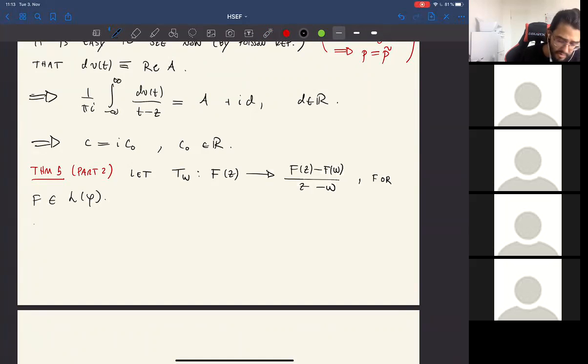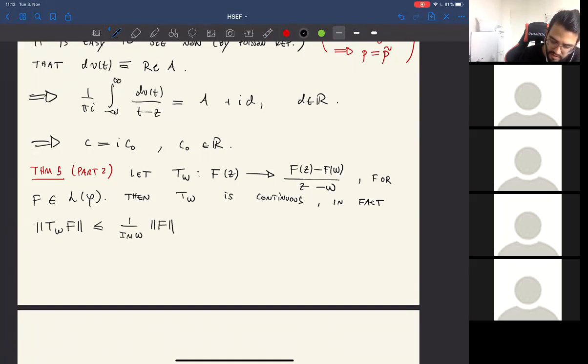define this operator TW. So the claim is then TW is continuous. In fact, you can even compute the norm of TW. In fact, we will show that the norm of TW f is less or equal than 1 over the imaginary part of W times the norm of f.